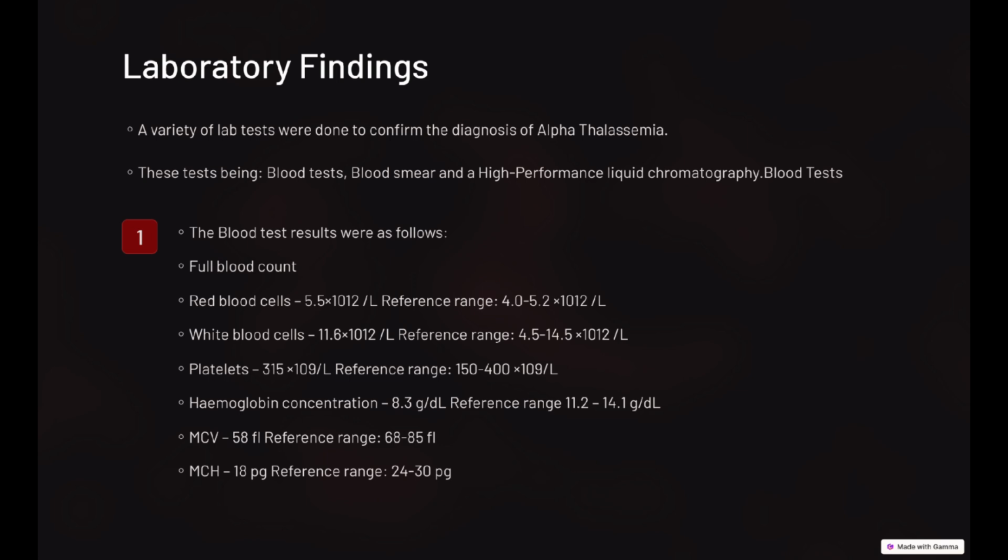Platelets were 315 times 10 to the power of 9 per liter, within normal range. Hemoglobin concentration was 8.3 grams per deciliter, below normal range. Mean corpuscular volume was 58 femtoliters, below normal range. The mean corpuscular hemoglobin was 18 picograms, below normal range.